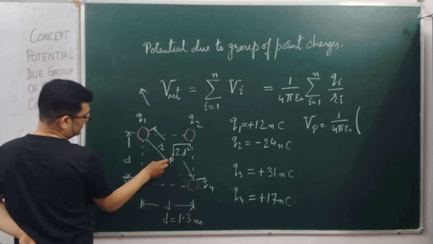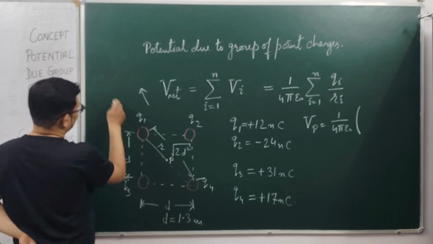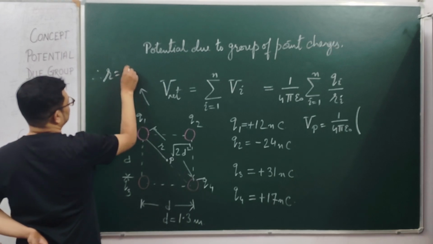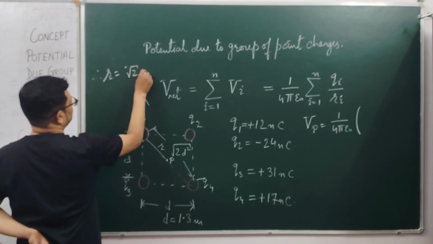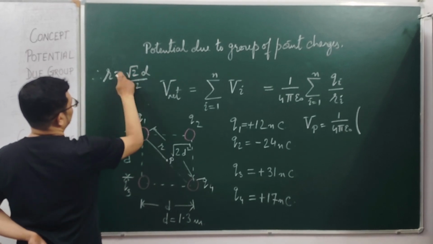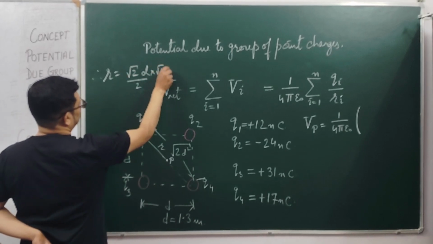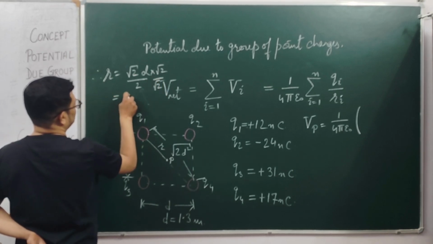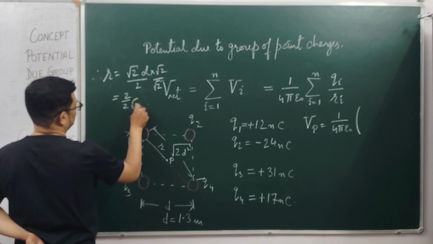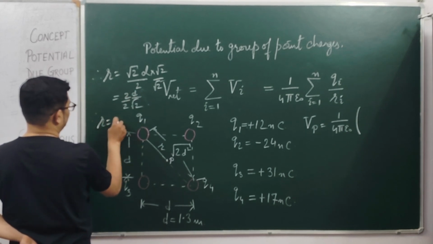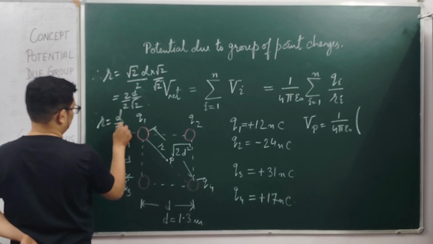This R is right at the center, so R is going to be half of the diagonal, root 2 d by 2. If you multiply numerator and denominator by root 2, we get 2 d over 2 root 2. So R comes out to be d by root 2.